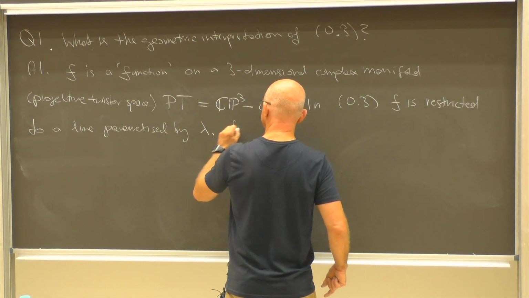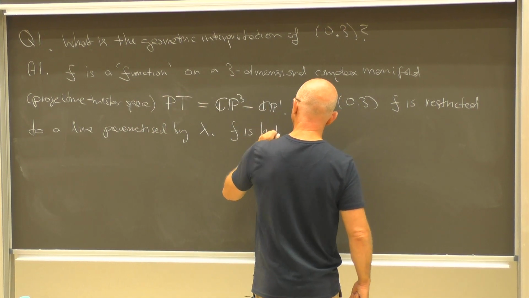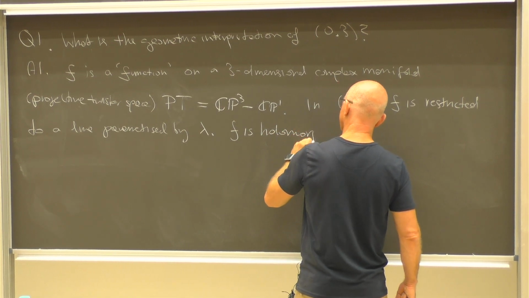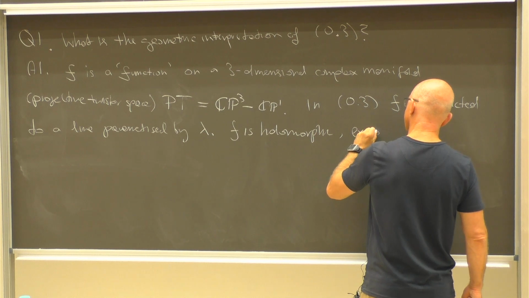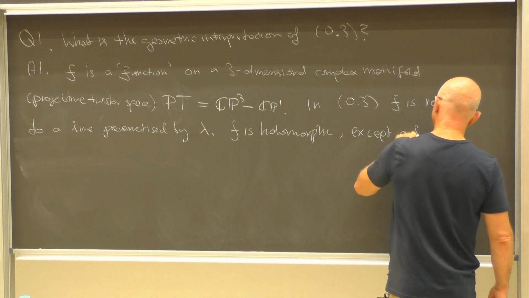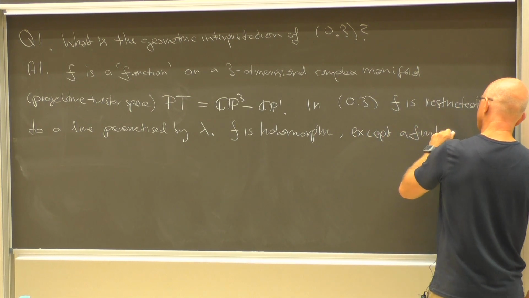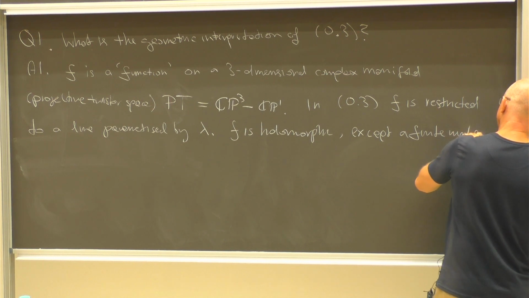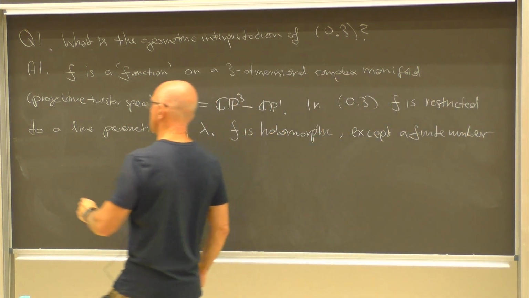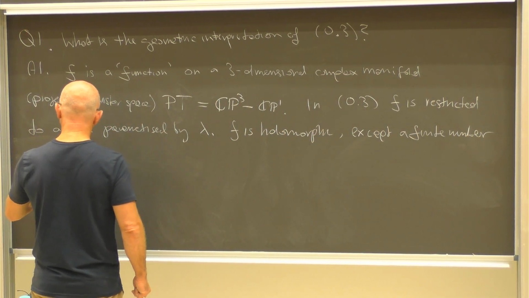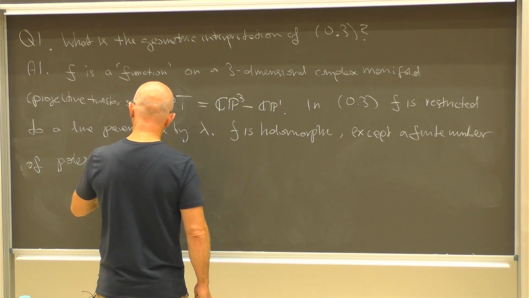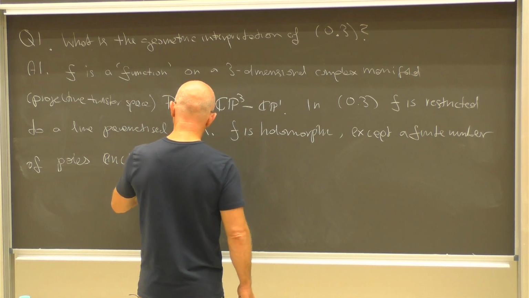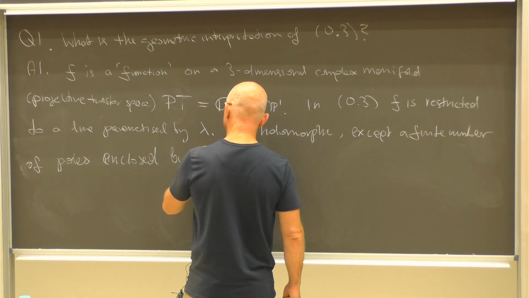So f is holomorphic, except for a finite number of poles enclosed by gamma.